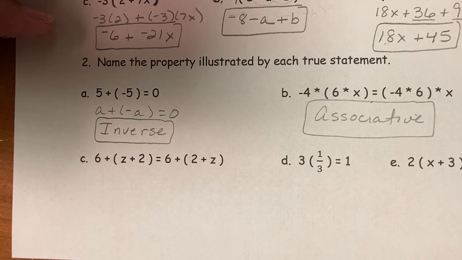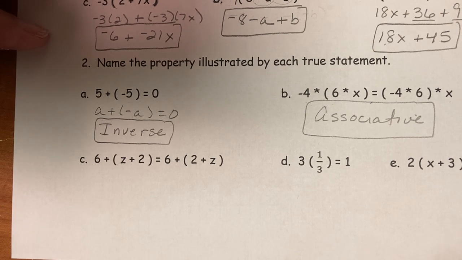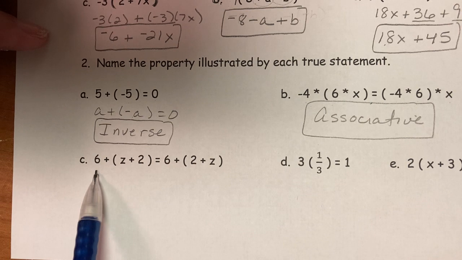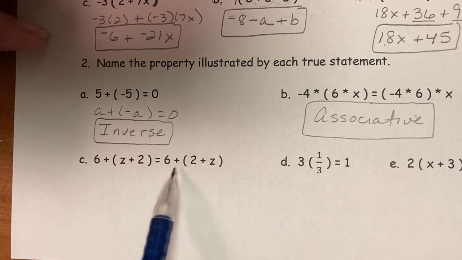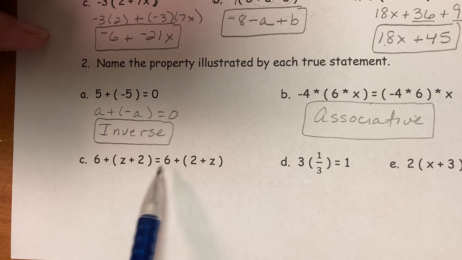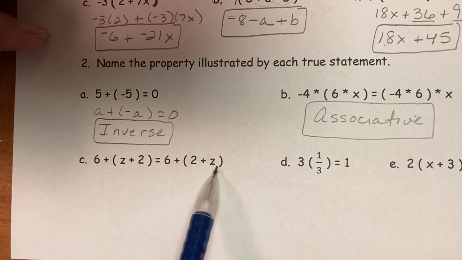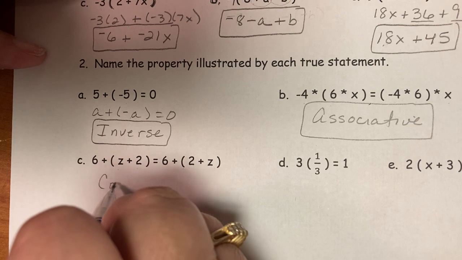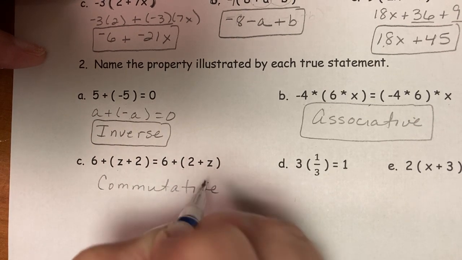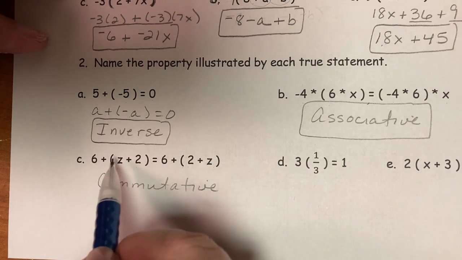All right, let's look at C, but let's really analyze C, just the same way I just did B. Has the order changed? Yes, it has. This Z plus 2 has become 2 plus Z. So it is the commutative property. What's inside the parentheses hasn't changed.